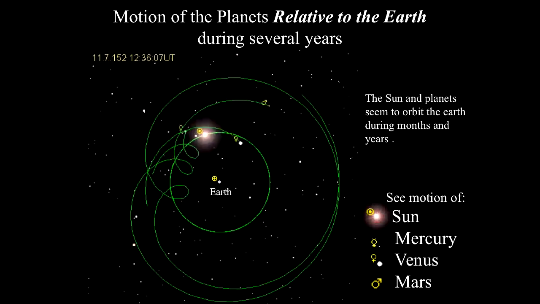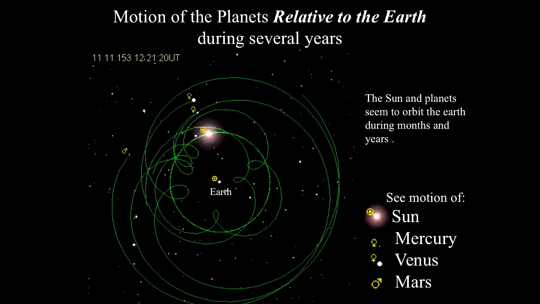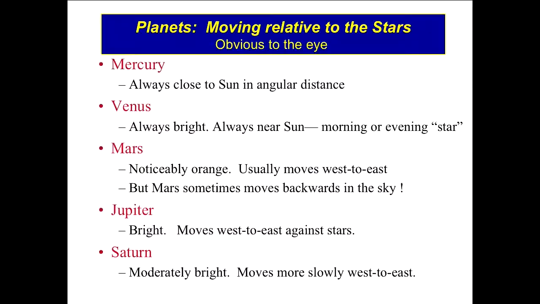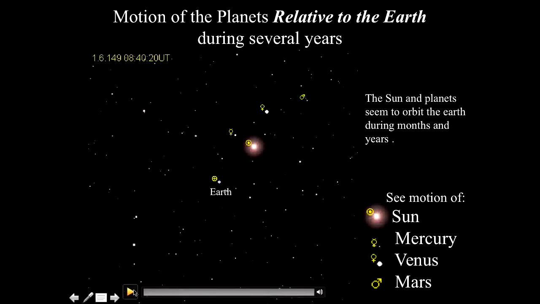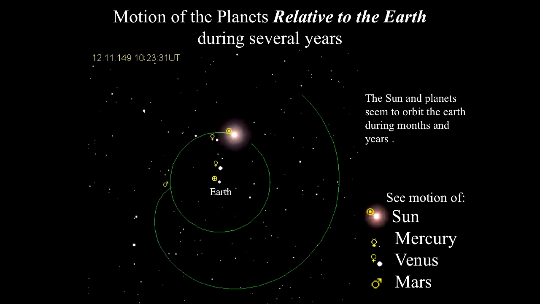And by the way, here are all the planets. Well, the sun isn't a planet. There's Mercury, Venus, Mars. Every once in a while, Mars goes backwards. You see the little curly-Q loop-de-loops that Mars does? That's that backward motion. Perfectly reasonable model of the solar system. We are obviously not moving, they are.